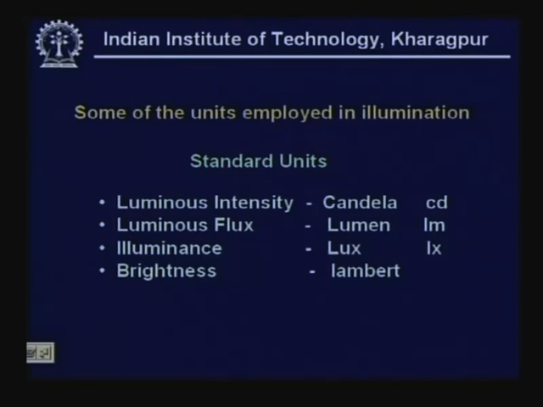The difference between brightness and illuminance, though they look to be the same, is this. Brightness is sort of the cause, illuminance is the effect. That is, if a light falls on a source, the effect of this light on that test object is what we call illuminance, whereas the light output available at a particular point is what we call brightness.